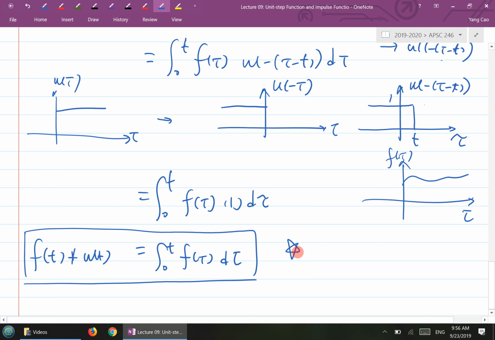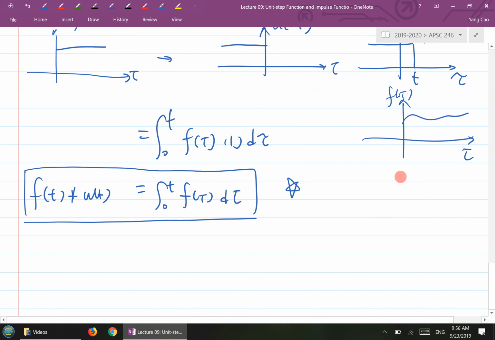You could remember this one more or less just like a formula, right? So convolution between any causal function and the unit step function gives you back the area underneath the function f from 0 to t.